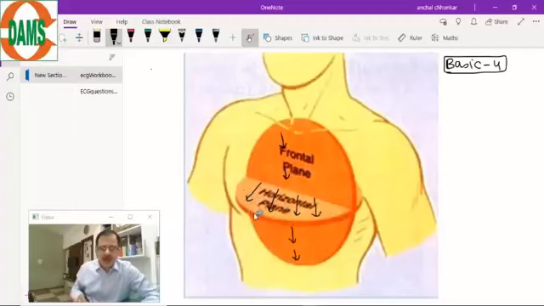So horizontal plane current will be detected by the chest leads or the electrodes which will be put on the chest wall, while the frontal plane current will be detected by the electrodes which will be placed on our limbs.